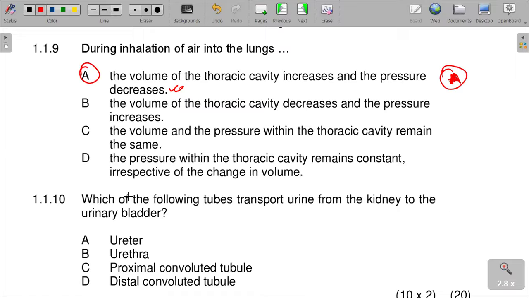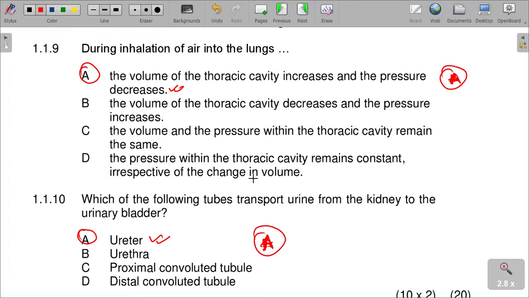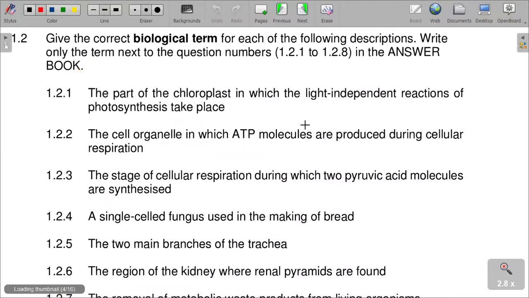The tube that transports urine from the kidney to the urinary bladder is the ureter, which is letter A. So in section A, I'm sure we can agree that it is possible to get the 20 marks. Let's quickly go to the next question.